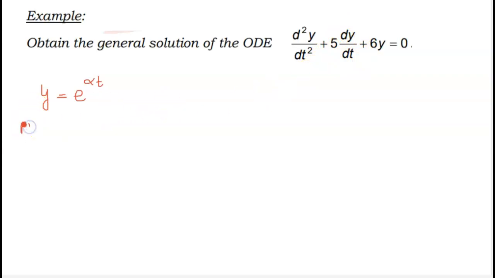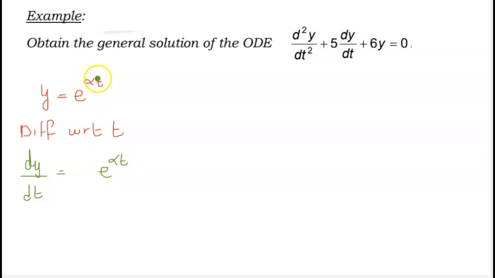Now differentiate this with respect to t. So that will become dy over dt. And you know the differentiation of e to the alpha t is exactly the same, e to the alpha t.